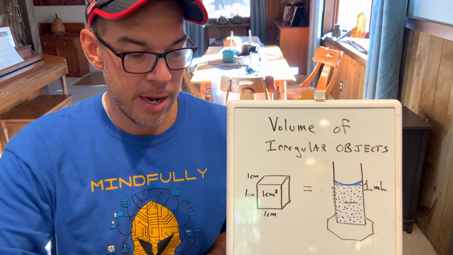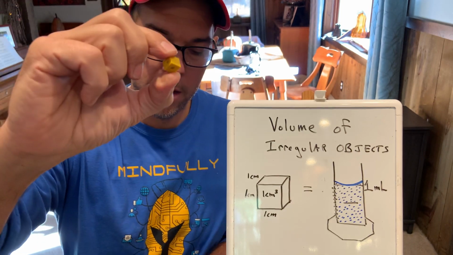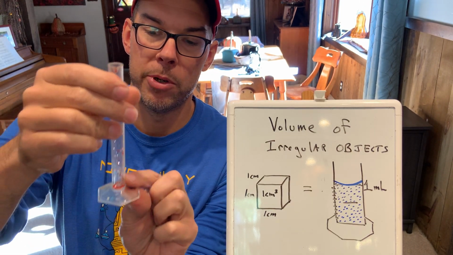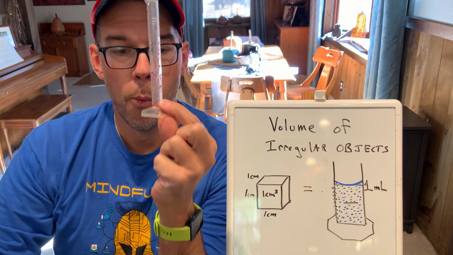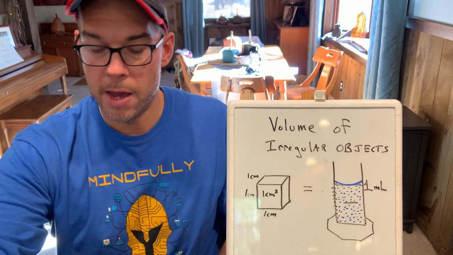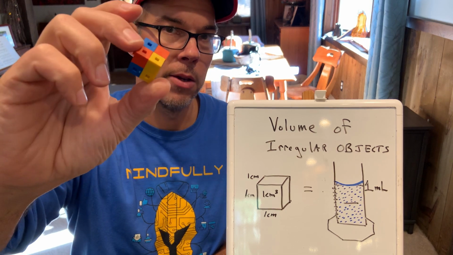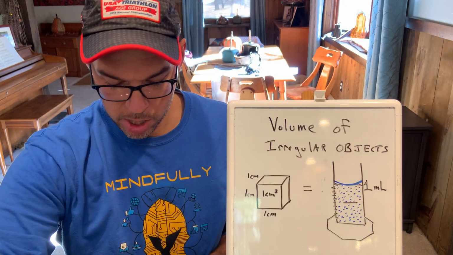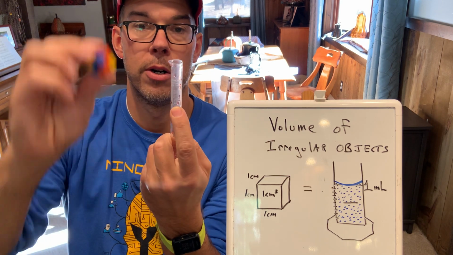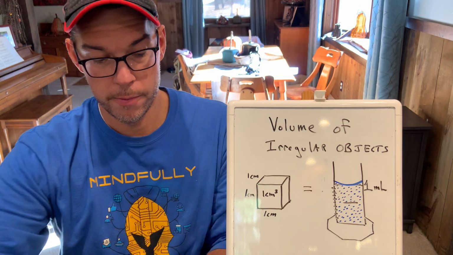So if I were to melt this down and pour it into this graduated cylinder, it would come up to exactly here. 1 milliliter is a centimeter cubed. If I were to melt this down, which is 2 by 2 by 2, 8 centimeters cubed, it would come up to exactly here.